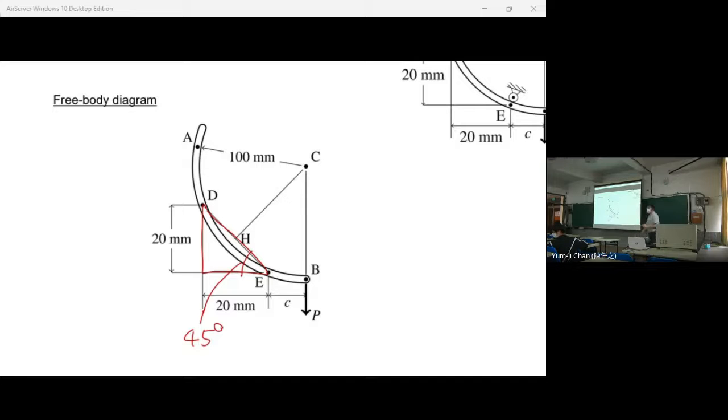The second thing is we have an isosceles triangle here. We have an isosceles triangle, and from it we can draw a line CH, and CH is perpendicular to DE.